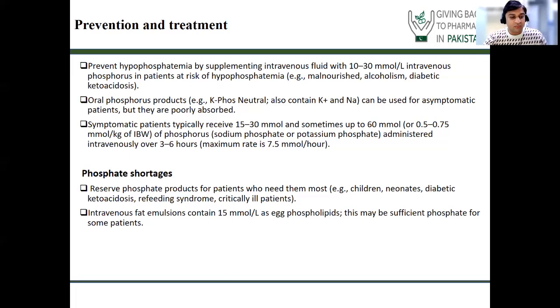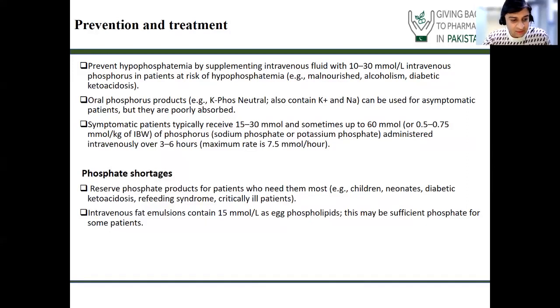So what are the strategies that we can adopt in case of phosphate shortages? We can reserve the phosphate for the critically ill patients, like the ICU patients, or the patients who are at very high risk for developing hypophosphatemia, like patients with refeeding syndrome, ketoacidosis, children, neonates, and diabetics.